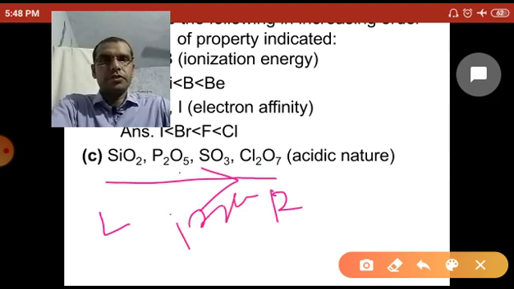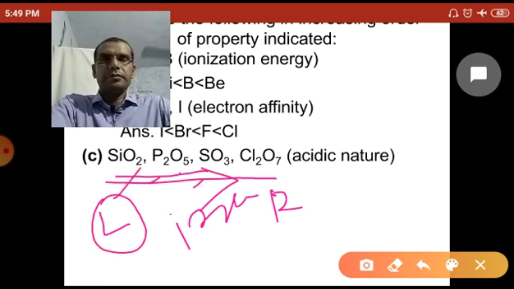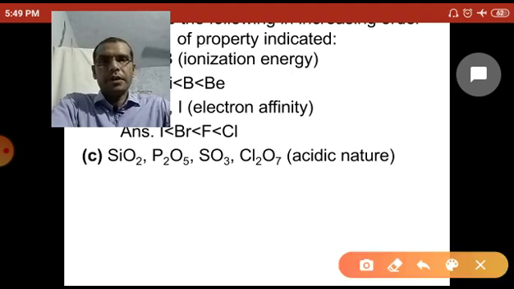So in the third period, chlorine is present on the right of the periodic table and silicon is present on the left side of the periodic table. Phosphorus and sulfur are present in between chlorine and silicon. So when we move from left to right, the sequence of the elements is silicon, then phosphorus, then sulfur, then chlorine.